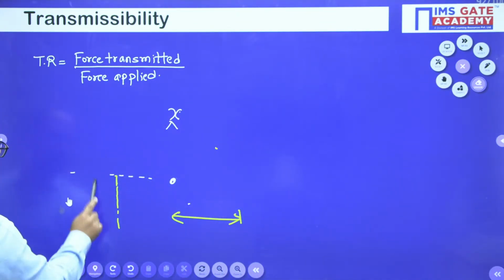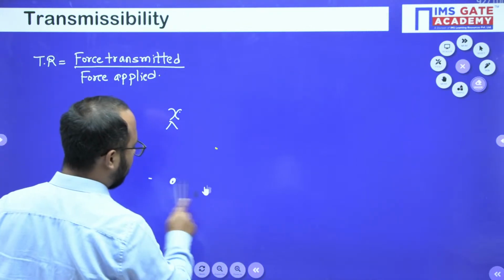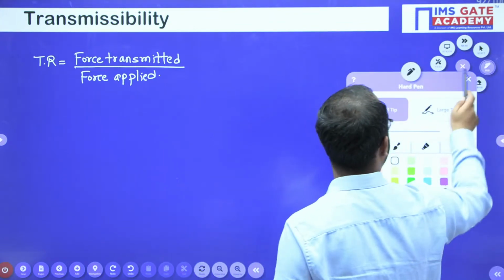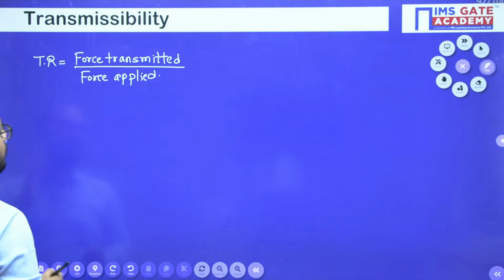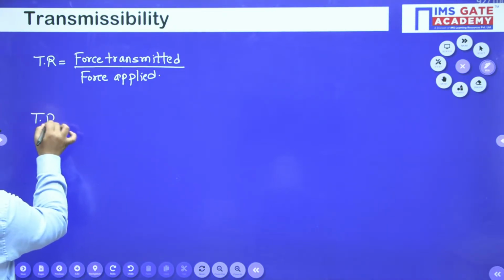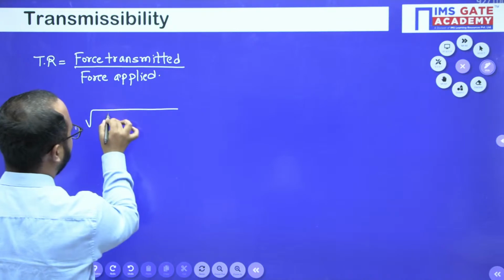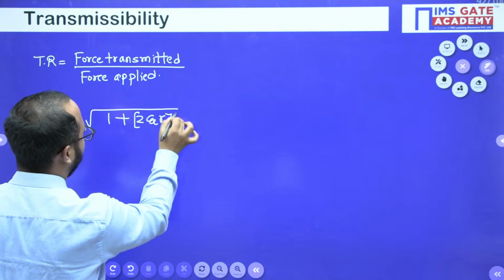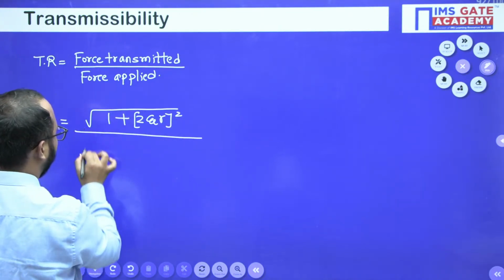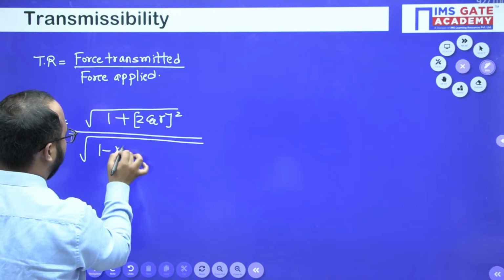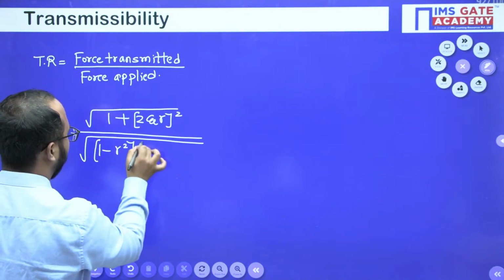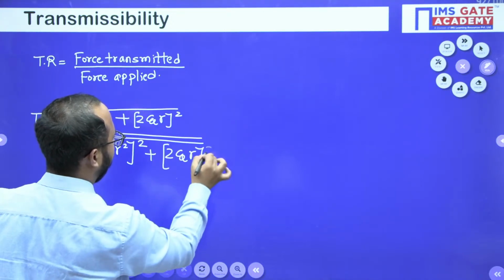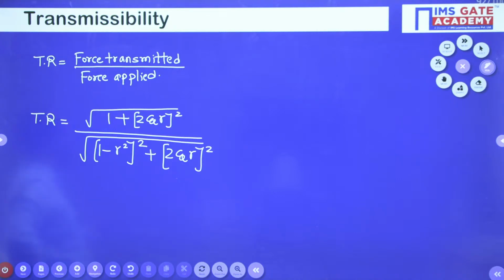Now we'll come back to this transmissibility part, guys. We'll quickly cover this transmissibility also and discuss some parts. Force transmitted divided by force applied, and it has a formula like this. This is the relation for the transmissibility.